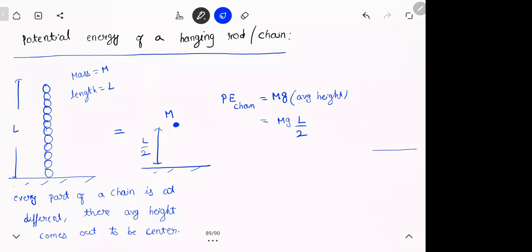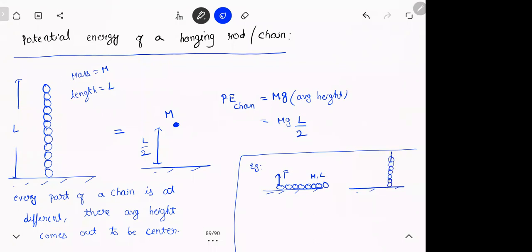So how will they ask a question on this? They will say, okay, there is a chain like this. Then someone is applying force F. Then what will happen to the chain? Chain will become like this. They'll ask you to find work done by force.